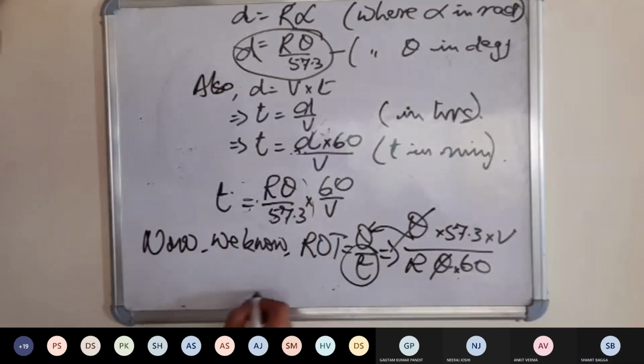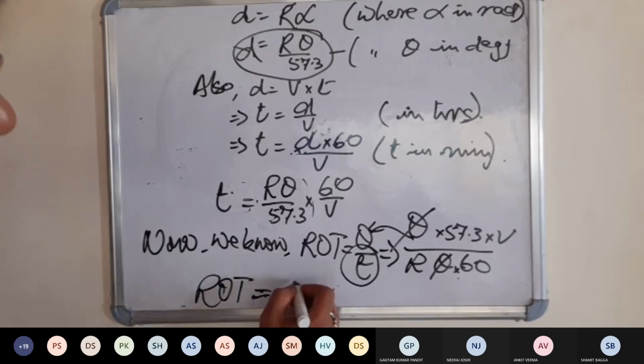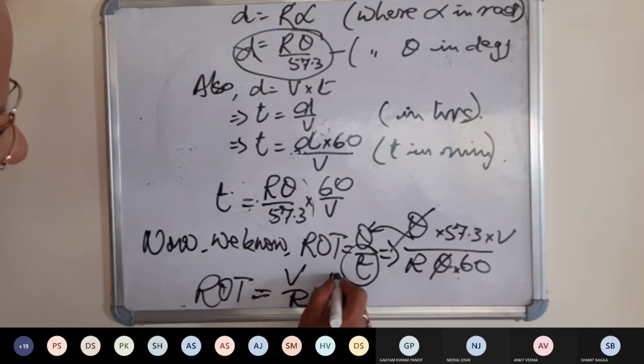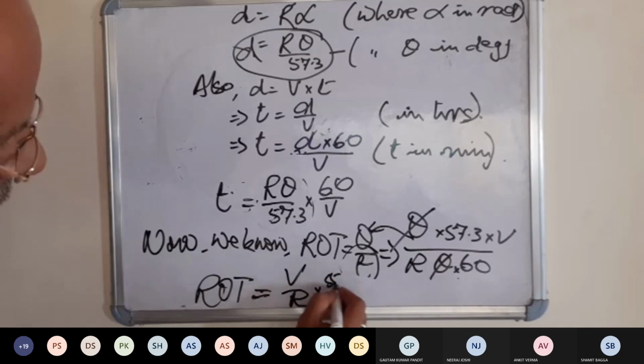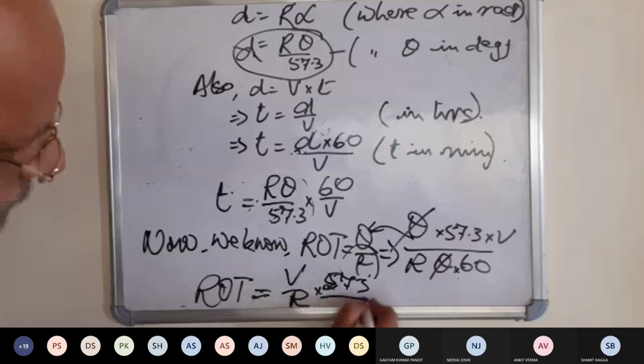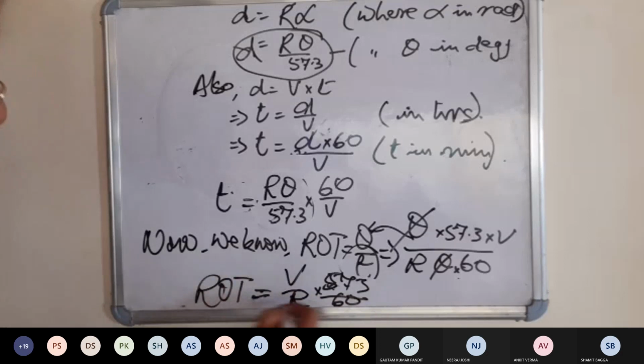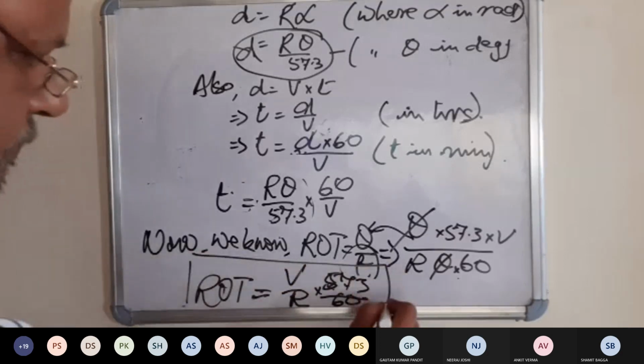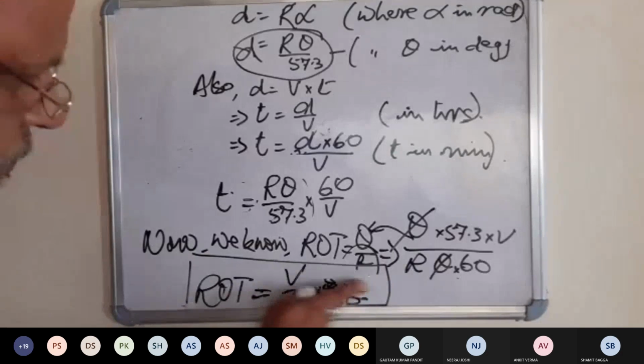So what do we have? This gives us ROT is equal to V by R into 57.3 divided by 60. Is that okay or not?